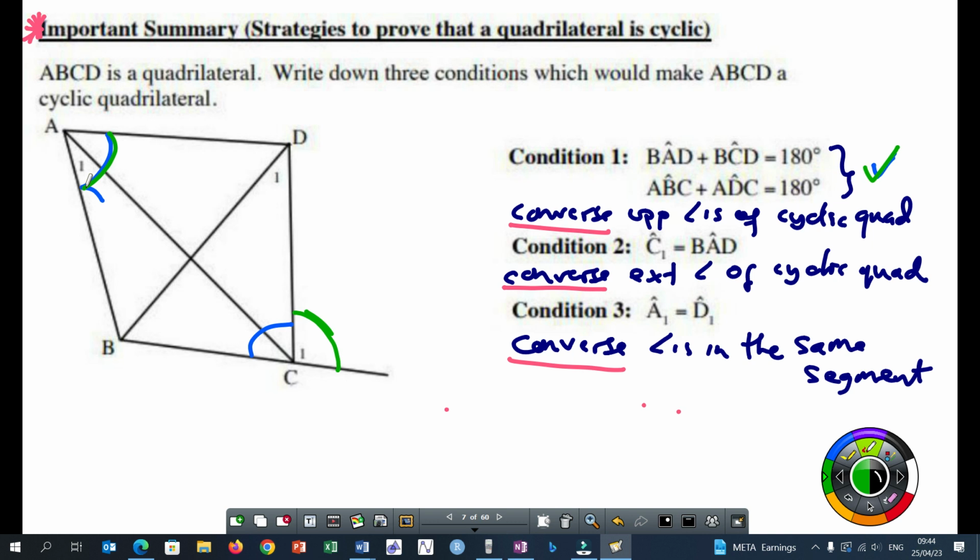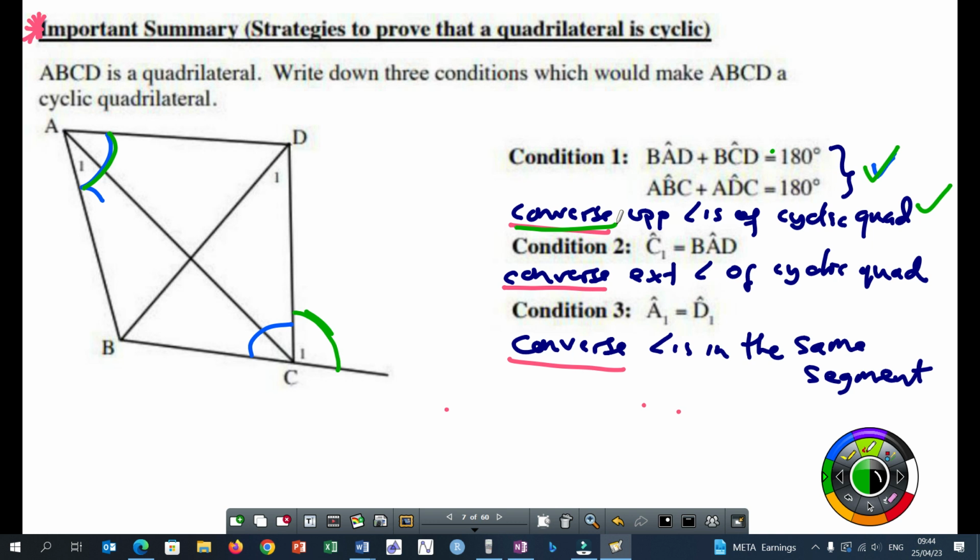Your reason will be converse exterior angle of cyclic quad. For the first condition, your reason will be converse opposite angles of cyclic quad, if you are proving that a quad is cyclic. Don't worry, tomorrow we are going to do a question like that. So we've got the first case, converse opposite angles of a cyclic quad, which is the converse of theorem 5, which I asked you to go home and draw a diagram of and write its statement.